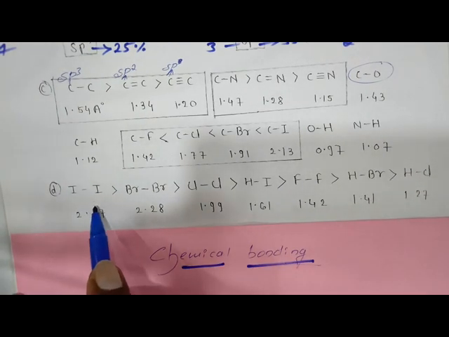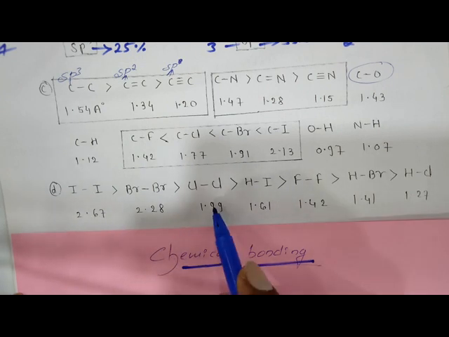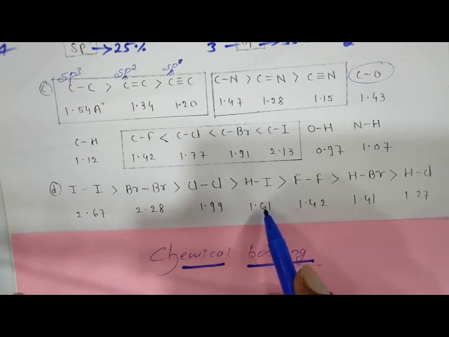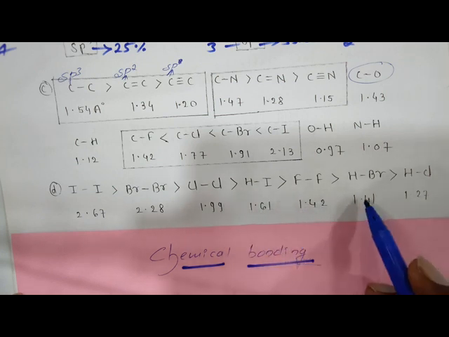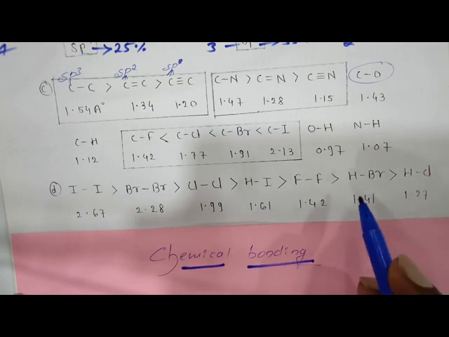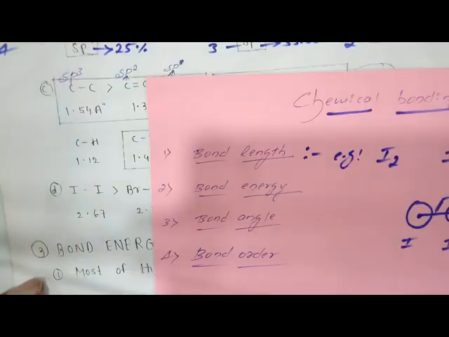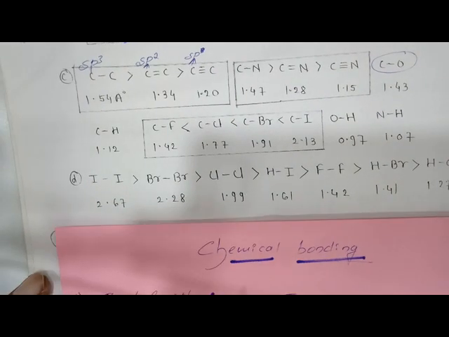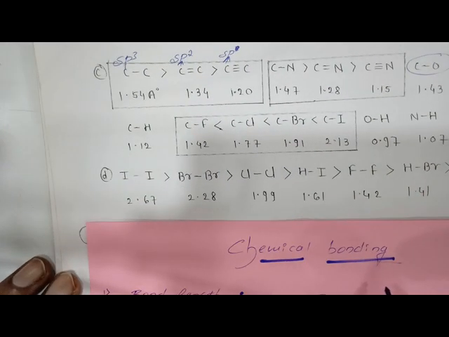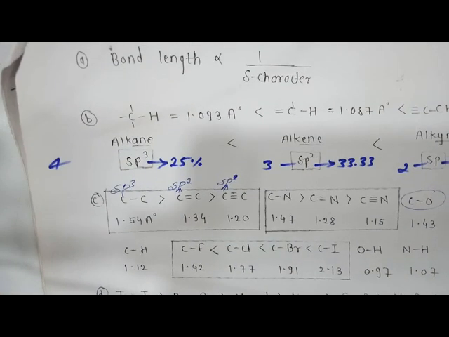The I2 molecule has the greatest bond length, 2.67, then Br2, then Cl2, then HI, then F2 at 1.42, then 1.41 for HBr, and the last one is HCl. Why this happens we already explained. This is our reason, or our answer for that question. So this is simply bond length.